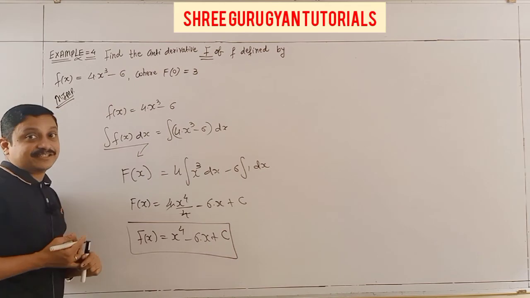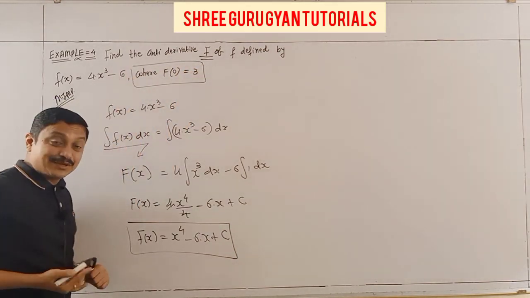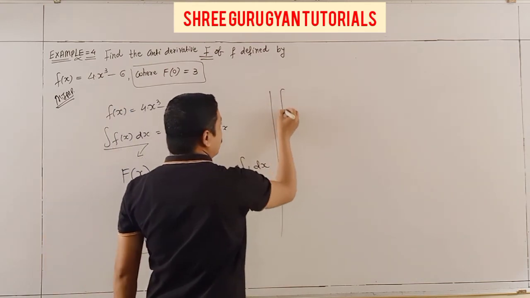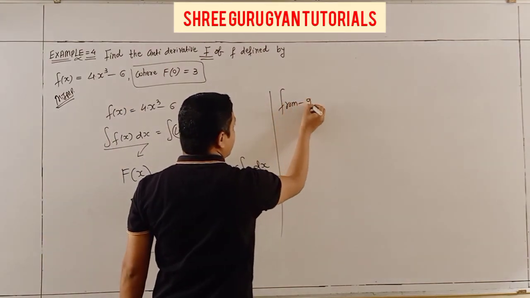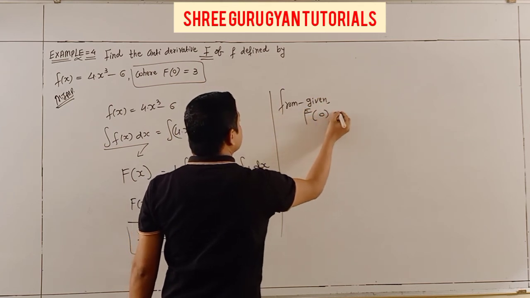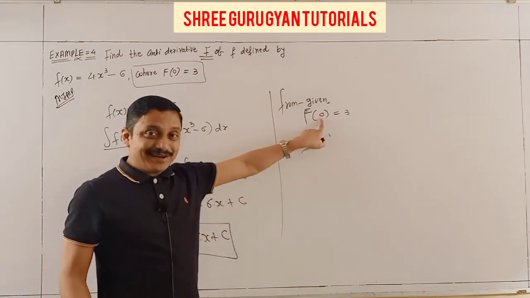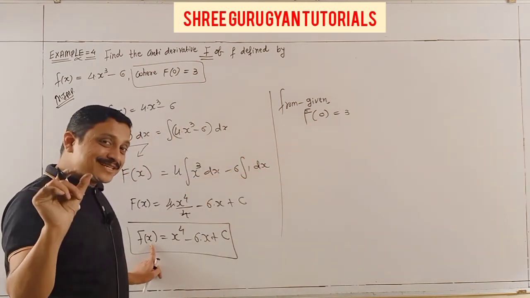Now this is F(x) ready, but then I give that F at 0 is equal to 3. So I write down from the given: F(0) is equal to 3. It means, students, here this 0 will be put in place of x.